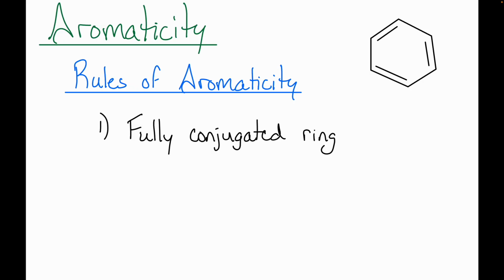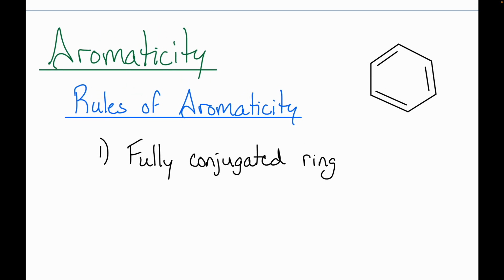All right, so we introduced this idea of conjugation last chapter, right? When we have that perfect spacing of our double bonds, then these p orbitals containing these pi electrons, right?